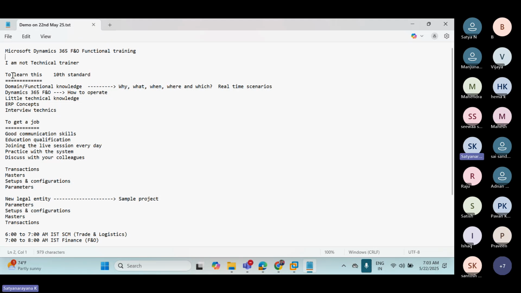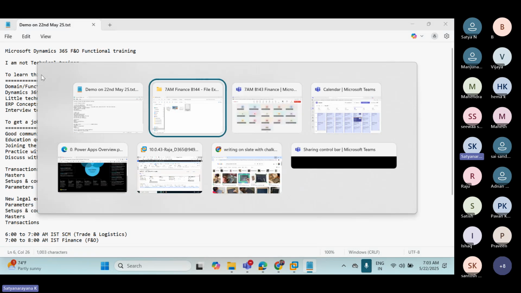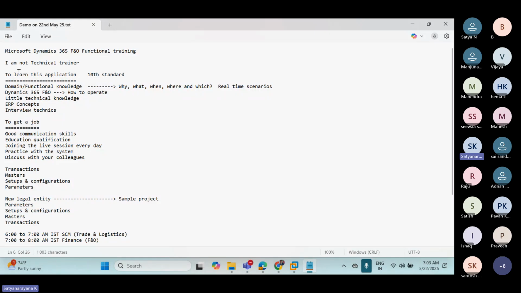Fine. If you want to learn this application, what is the qualification required? 10th standard is enough for me. If you completed your 10th standard, that is enough.